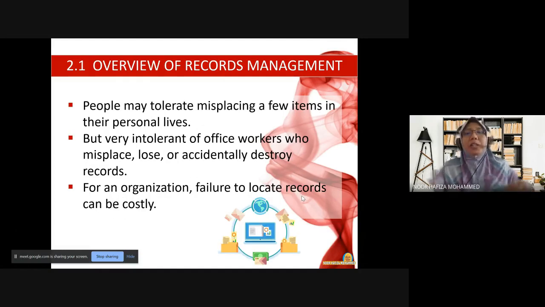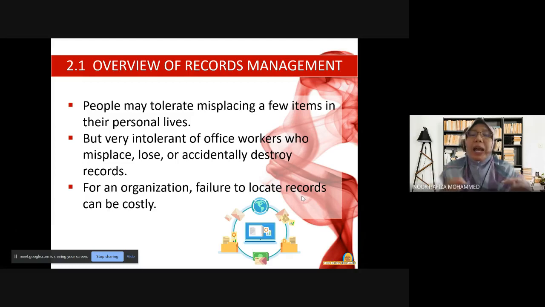Next one. People may tolerate misplacing a few items in their personal life. The same thing goes for you. Sometimes you misplace a certain file or a small item, but you still can tolerate it. However, it is very intolerable for an office worker to misplace, lose, or accidentally destroy records.